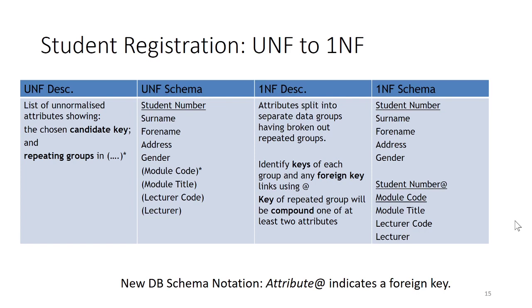From UNF to first normal form, what we are going to do is split these attributes into data groups, having broken out repeated groups. The first things that you do: check groups, repeated versus non-repeated attributes, and identify keys, compound or foreign key for each group.